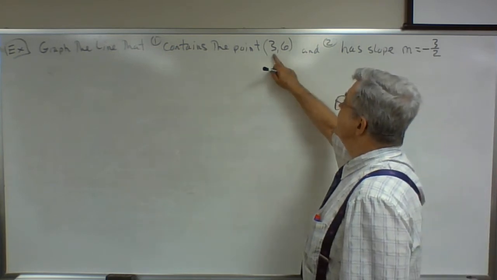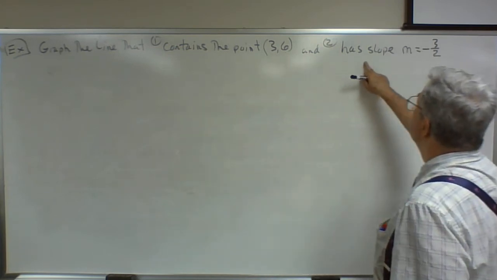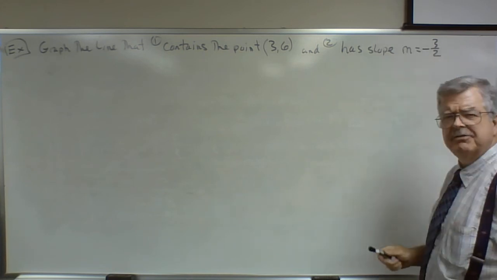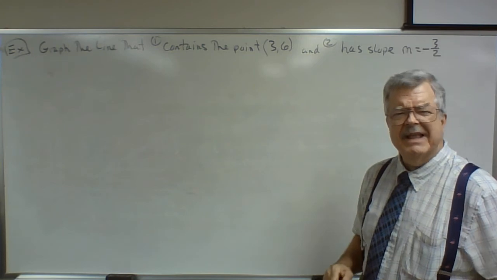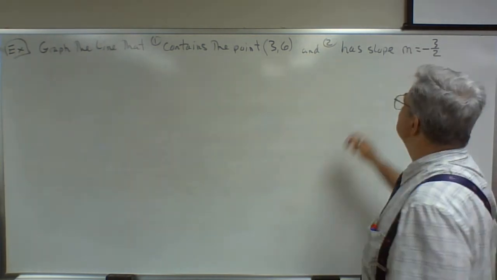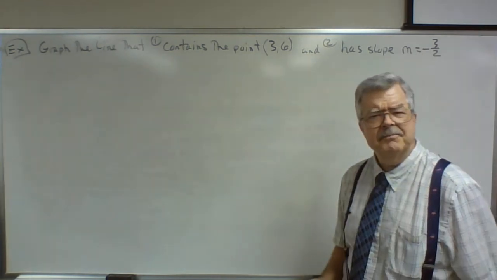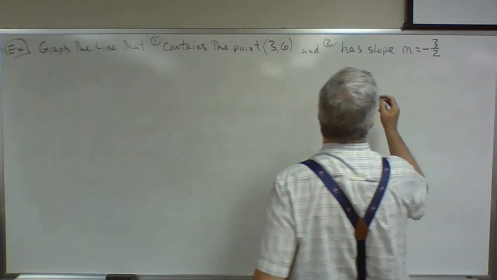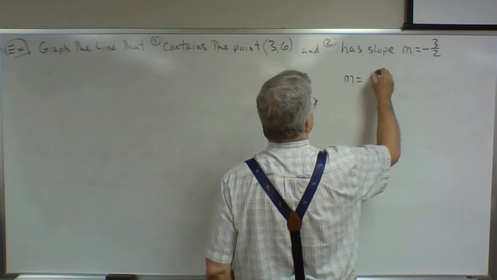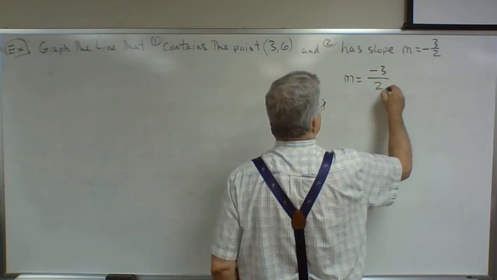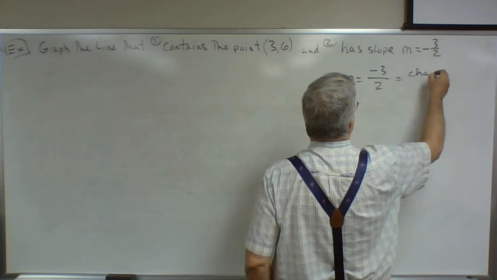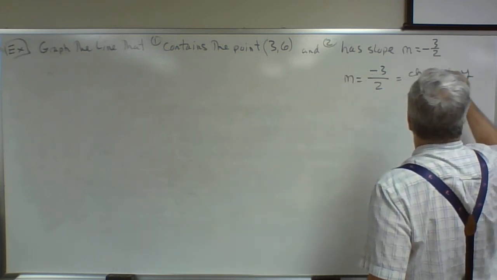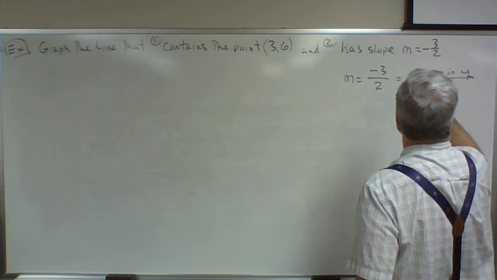Graph the line that contains the point (3, 6) and has the slope m equals -3/2. Well, in the last example, the slope was positive. We didn't have to worry about a negative. There are two ways that we can look at this. M equals -3/2, change in y over change in x.